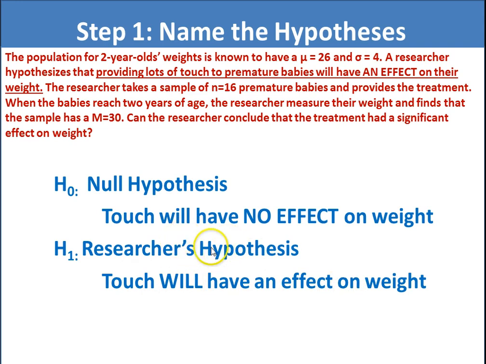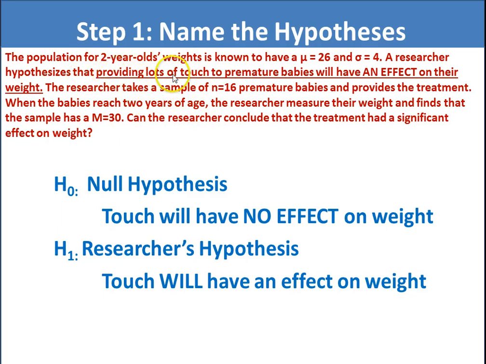So the researcher's hypothesis is a positive hypothesis, meaning it will always say that something will happen, whereas the null hypothesis is the nullifying of the researcher's hypothesis, and so the null hypothesis always predicts that touch will have no effect on weight. So again, step 1 is to name the hypotheses, and how you would do it is you would read your research scenario, which I have reprinted here, and you'd have to locate your hypothesis.